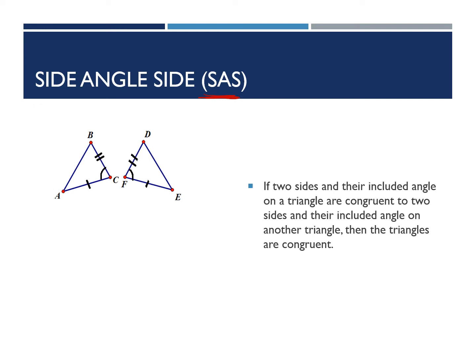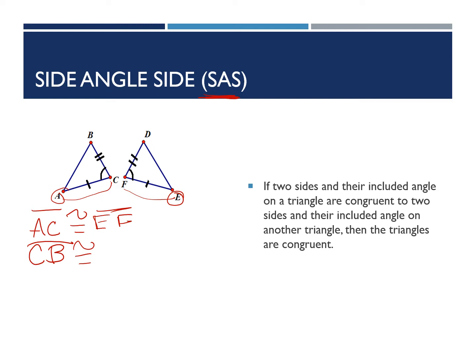So what does that mean? In this case, it would mean that AC is congruent to EF. Okay. And notice that I'm trying to keep the order the same, right? A is this outside, E is that outside. And then if I go for the other side, CB is congruent to FD.